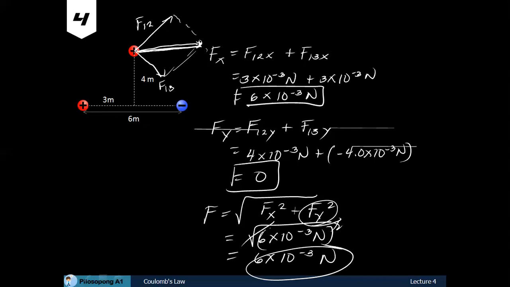I just aligned it at the horizontal. That's the reason why we do not have any value in the y component, since our vector sum is directed at the horizontal. So we get 6 times 10 raised to negative 3 newtons for the net force.